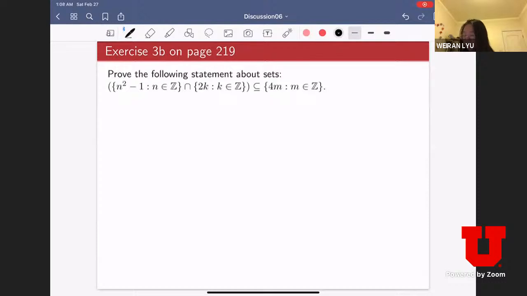All right, so the next question is another sub problem. I think it would be easier if you just start by letting A equal to n squared minus 1, just easier to write.